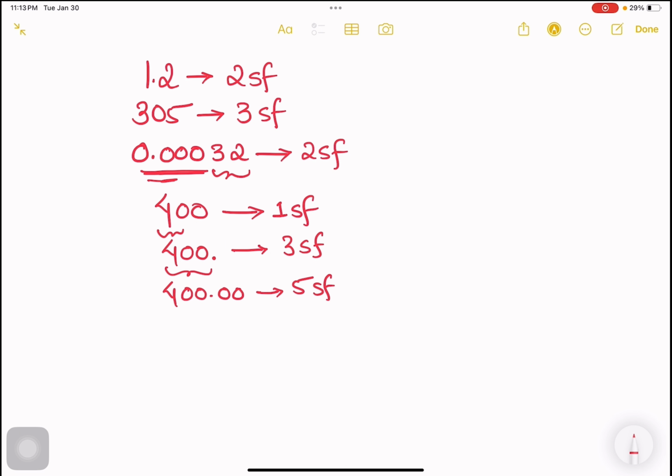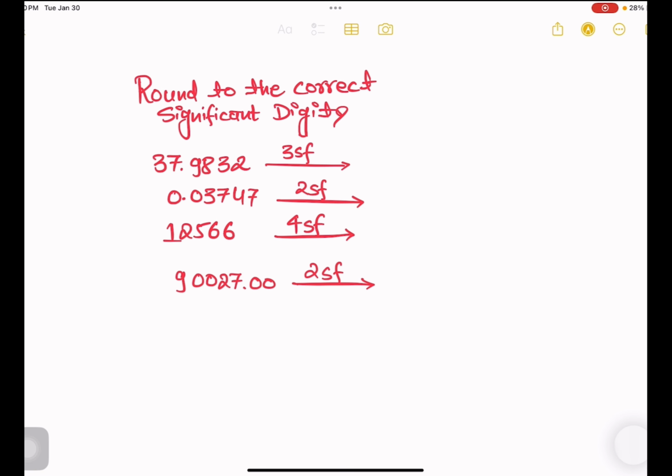Okay. Now, how to round to the correct significant digits? For example, I have this number 37.9832 and I need this in three significant figures. How can I do that? I will count here 1, 2, 3, right?